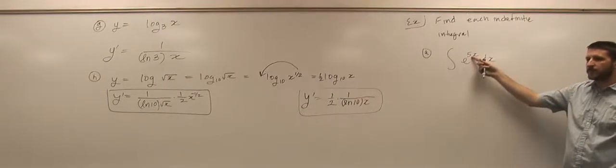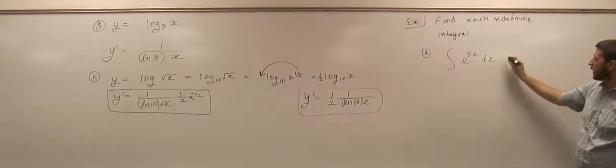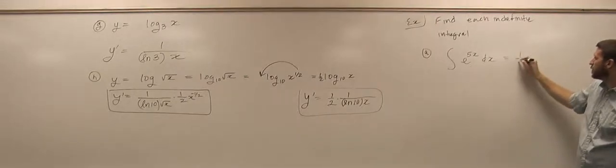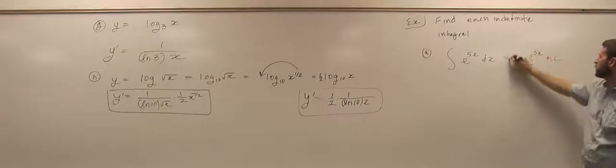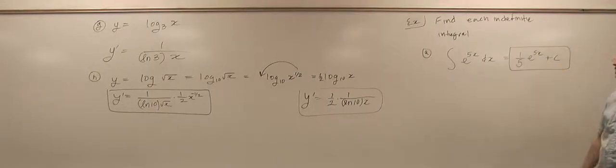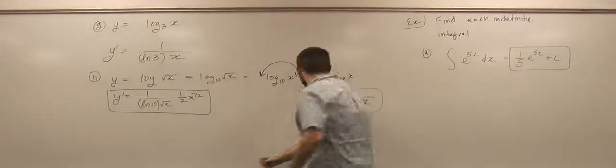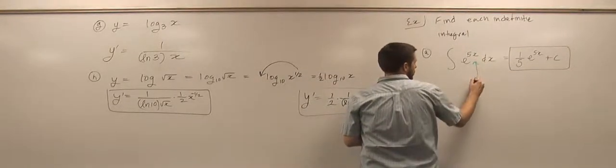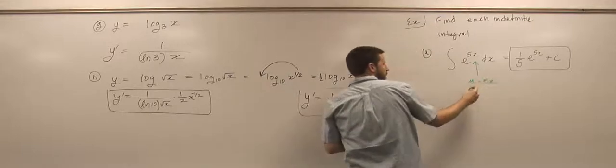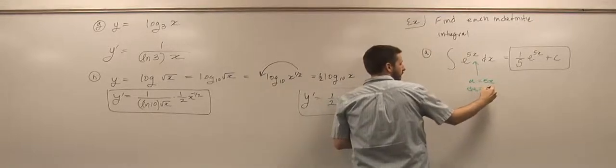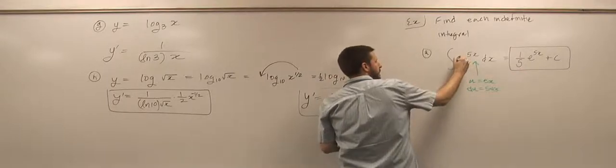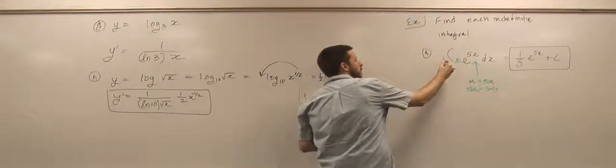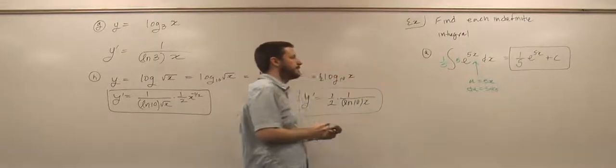But if you have a 5 out in front of the x, you're going to have to make up for that with a 1/5. Or if you do it the long way, you make u equal to 5x. That's where the 1/5 is coming from, because du is 5 dx, and you have to put that 5 in there and then put a 1/5 to balance it out.